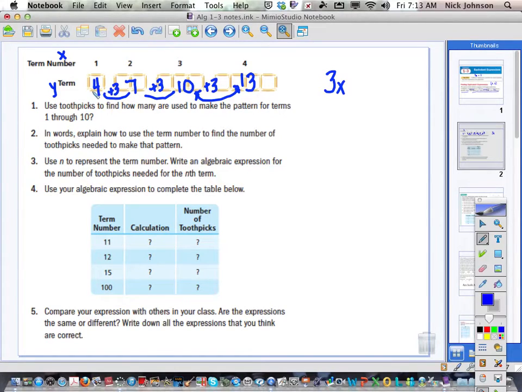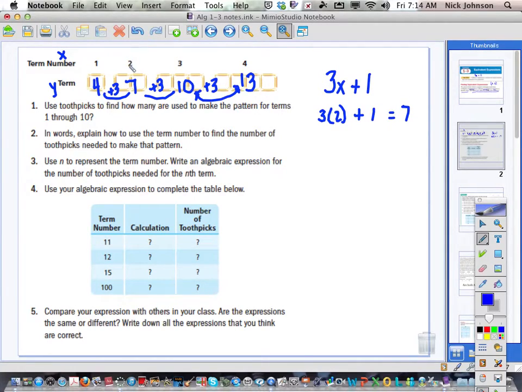Well, you all should be saying, well, you need 1 more, Mr. Johnson. How do we say 1 more in mathematics? We say plus 1. Okay? Let's see if it works out for everybody else. If I put 2 in for x, 3 times 2 is 6, plus 1 equals 7.